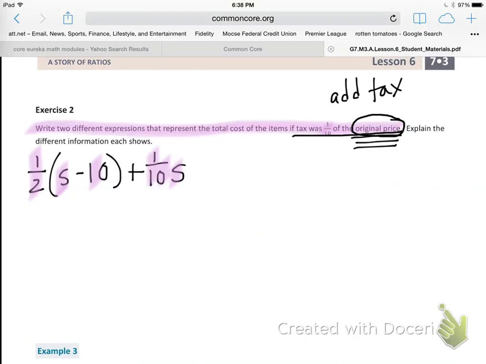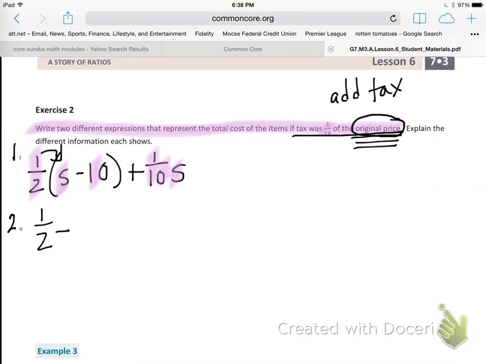We can go further, because that would be just one scenario, expression 1 right there. Now if we wrote this again, we could go through our steps and do our distributive property.